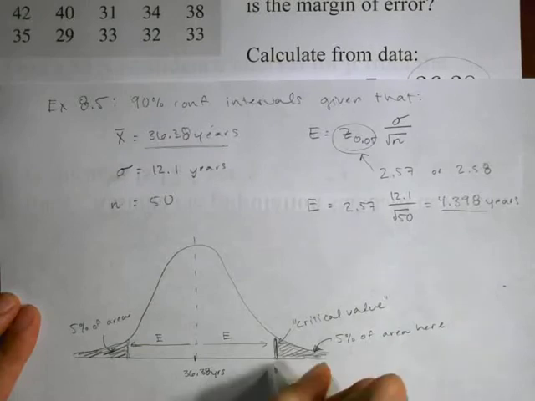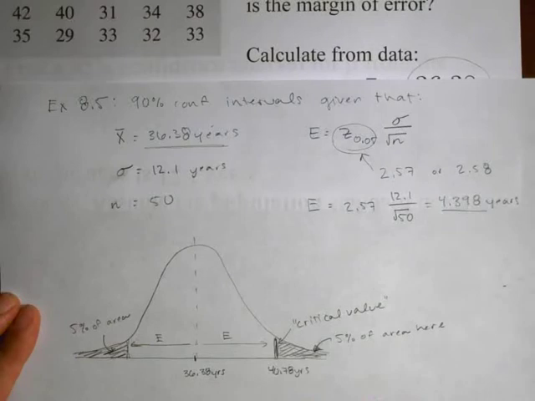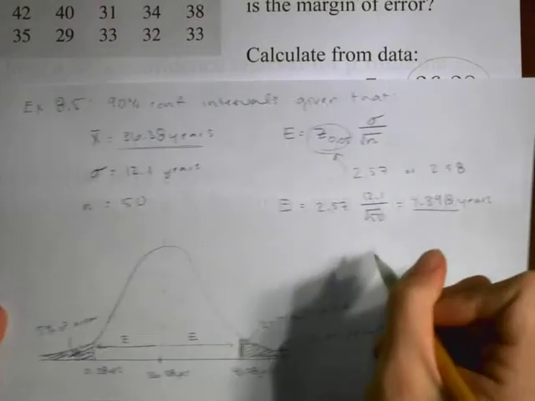And so 36.38 plus 4.40 years gives me 40.78 years. And down here gives me 31.98 years.